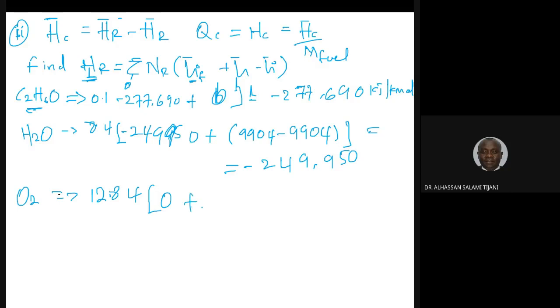Plus the enthalpy of oxygen at the given state, 298 Kelvin.